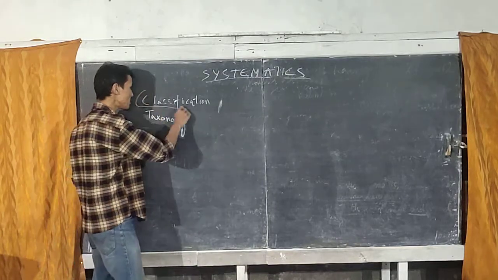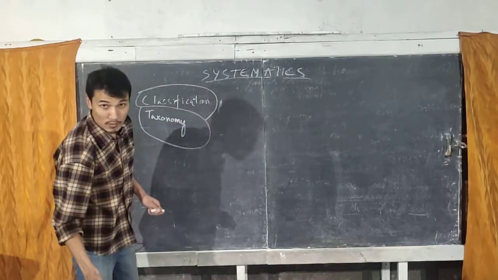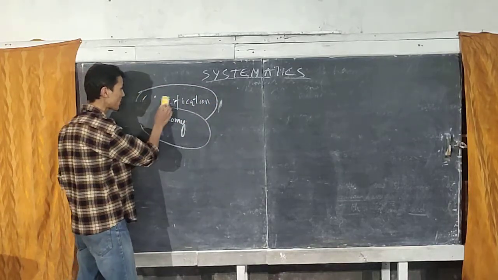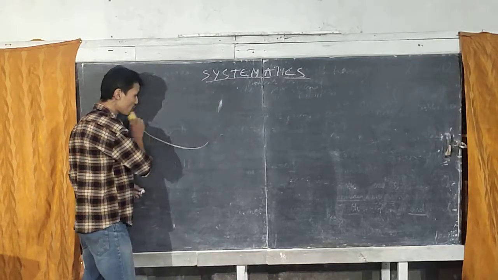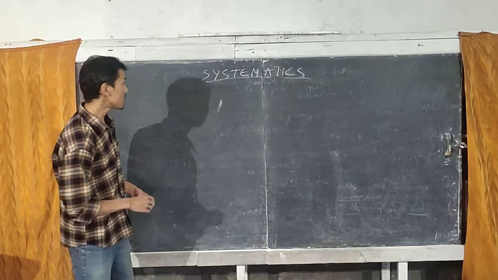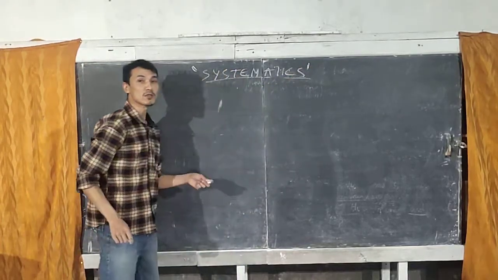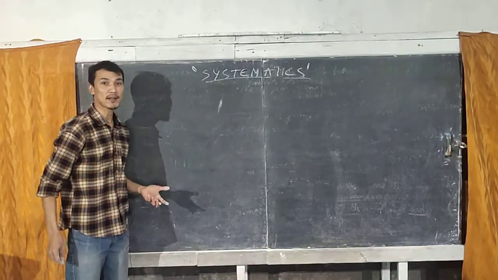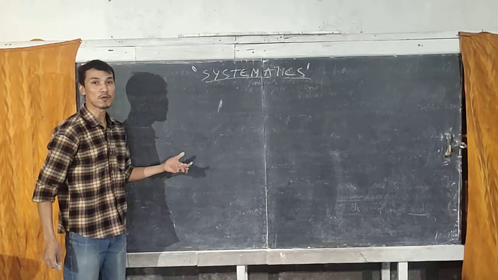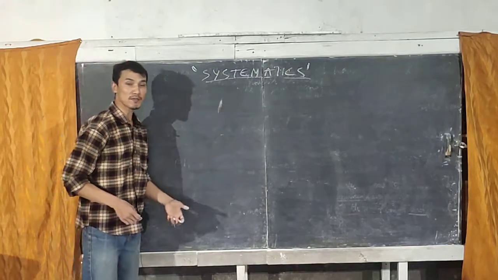When classification and taxonomy are followed properly, we also follow the evolutionary history of organisms, that means which organism evolved from which. This represents systematics: grouping organisms having similar characters, giving them a scientific name, and also following the evolutionary history. Such a system is called systematics.